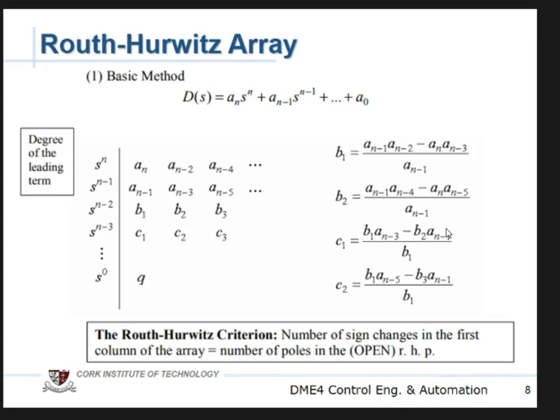By looking at the power here, I know how many rows. So I should have s cubed, s squared, s to the 1, and s to the 0. Okay, so I'd expect 4 rows.